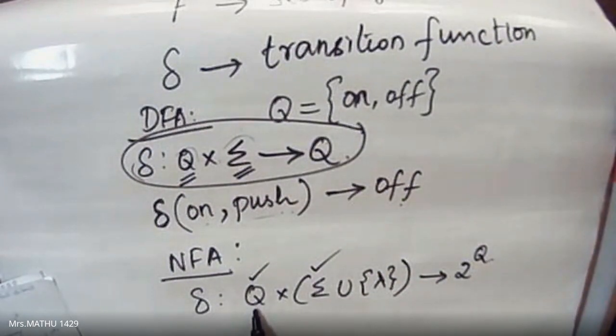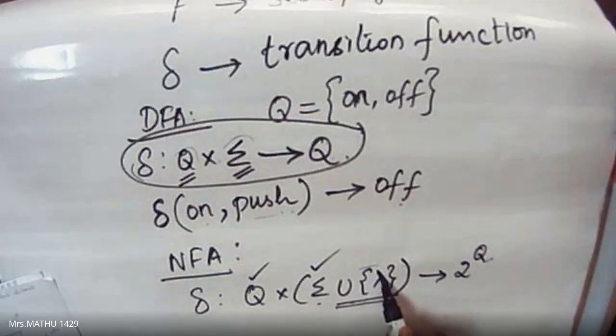From a particular state in the given set of internal states, when you give some input, any symbol from the input alphabet, along with that we have another option: you can have an empty string also as the input. Is it clear? Lambda represents the empty string.